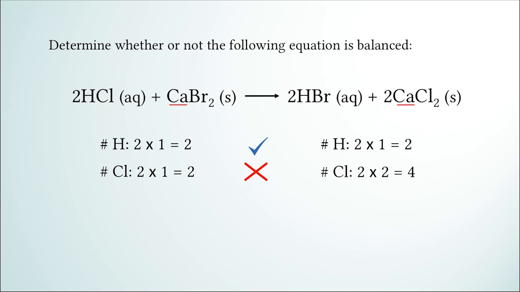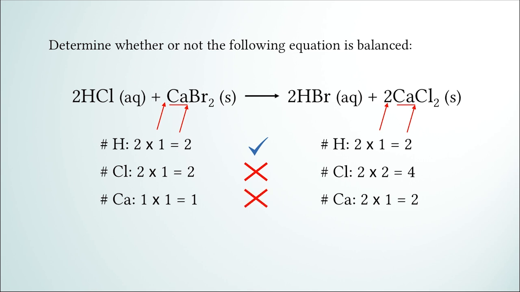For calcium, there is 1 CaBr2 molecule times 1 calcium atom in each molecule for a total of 1 calcium atom on the reactant side. There are 2 CaCl2 molecules times 1 calcium atom in each molecule for a total of 2 calcium atoms on the product side. This equation is not balanced with respect to calcium either. Finally, bromine.